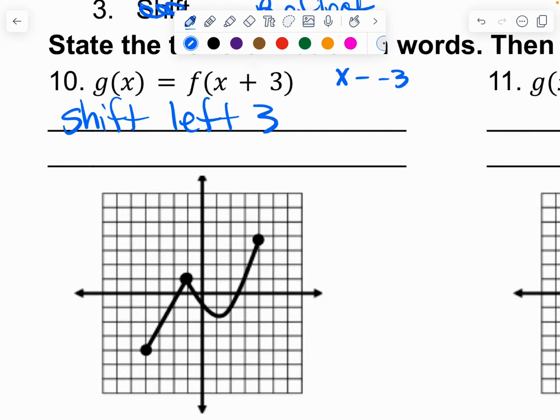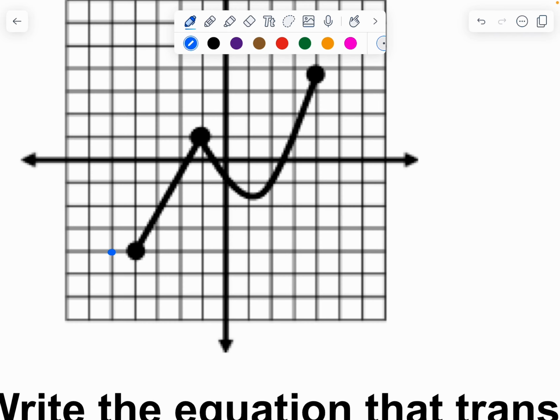So I'm going to come down here and move everything 3. 1, 2, 3. 1, 2, 3. 1, 2, 3. And 1, 2, 3. Okay, so then I draw a straight line here. Then I try to make it like a parabola. And voila.